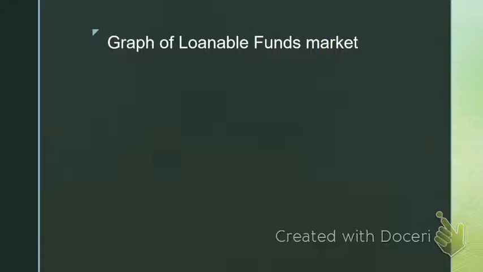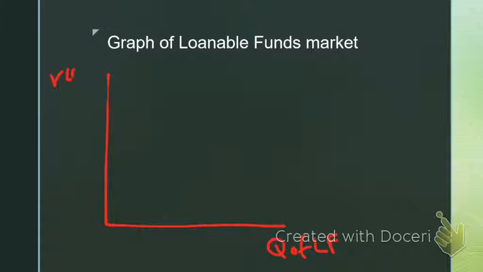Graph of the loanable funds market. One axis is the quantity of loanable funds. The other axis is the real interest rate. Right?